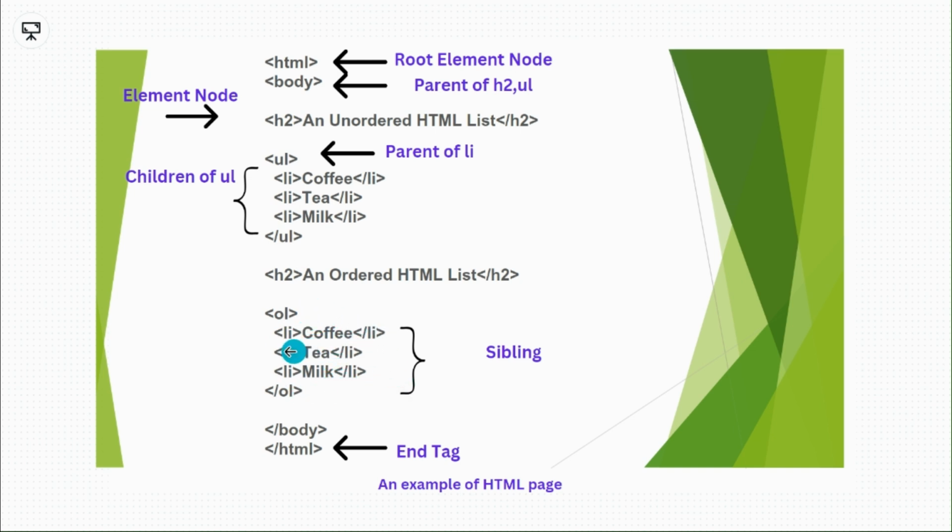So ol is the parent of all these list elements, and these are the children of ol, and they have one parent, so all these children automatically become siblings. So this is like a family structure, whatever we see in our daily life. We have parents, and then parents have children, and all these children are siblings of each other. This is also the same structure.